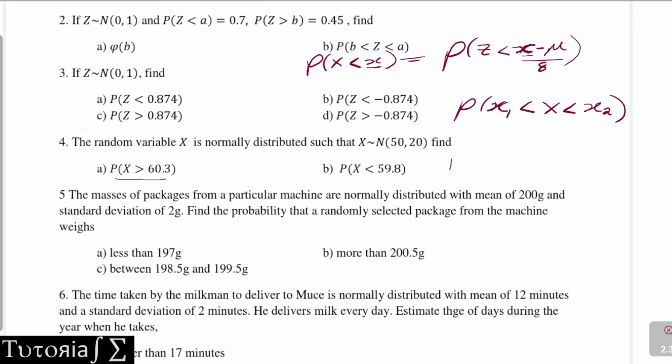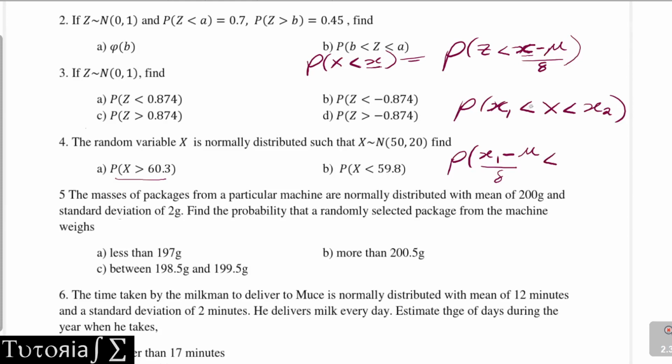How you change this: it is equal to the same formula, x1 minus the mean, over the standard deviation.